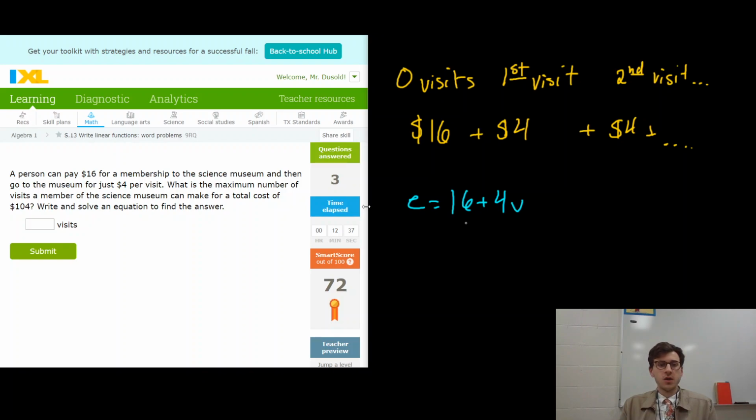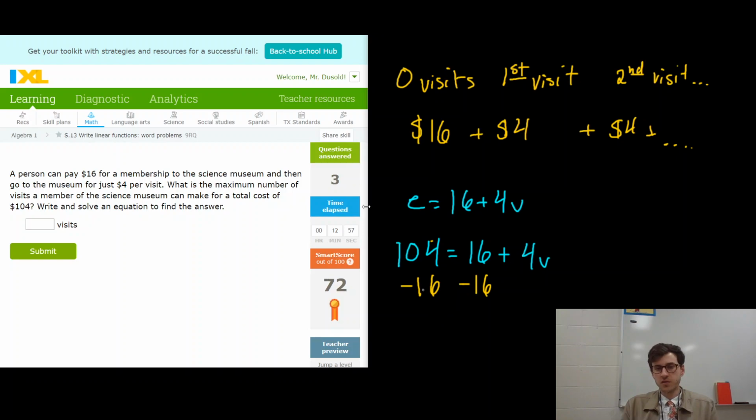Now, the total cost, it's a little different. It tells me that the total cost is $104. So then 104 is equal to 16 plus 4V, right? Now, let's solve this equation for V and figure out how many visits I can take.